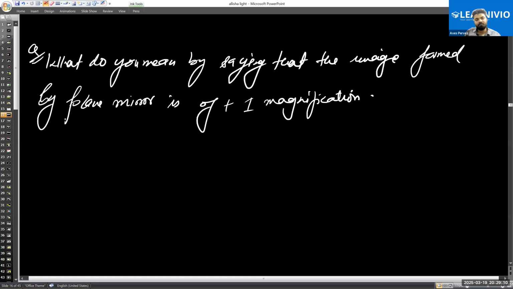It means that it is a virtual image and is of the same size as the object.